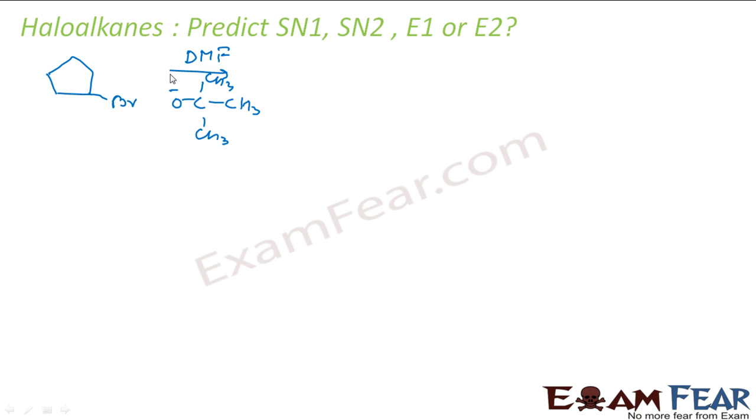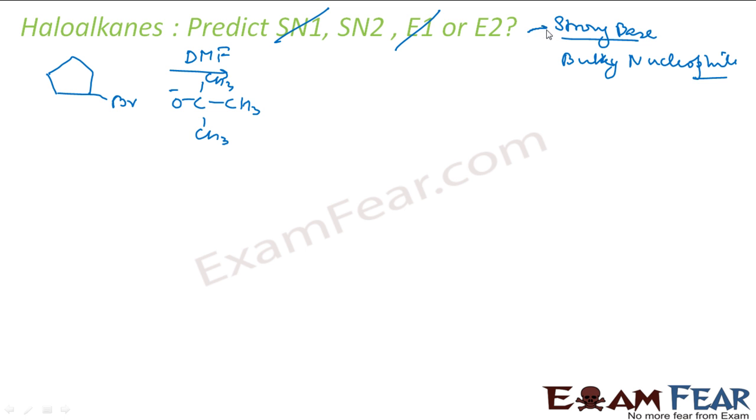Since it is DMF, an aprotic solvent, I can easily rule out the possibility of SN1 and E1 reactions. Now my reagent is what? This is a strong base. What about the nucleophile? It is a bulky nucleophile.